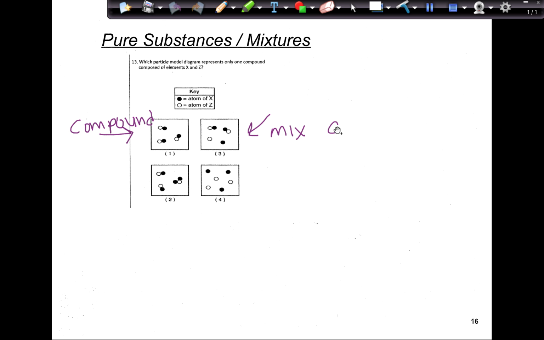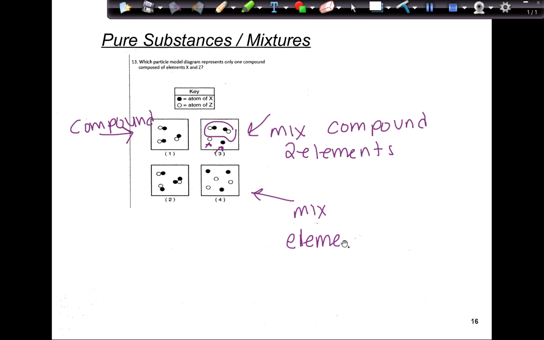This is a mixture of a compound and two elements, because this here represents two molecules of a compound. These are each molecules of different elements. This is a mixture of elements, right? This is one element.